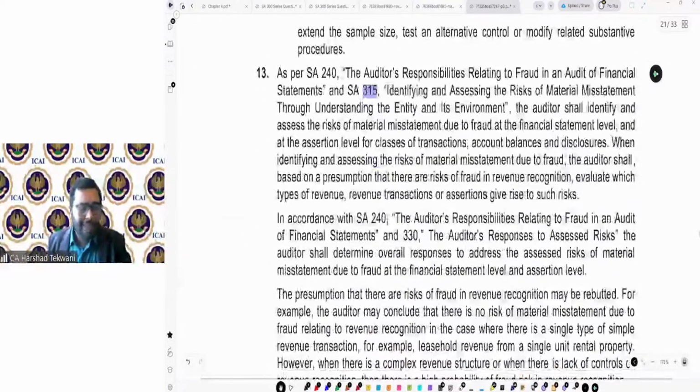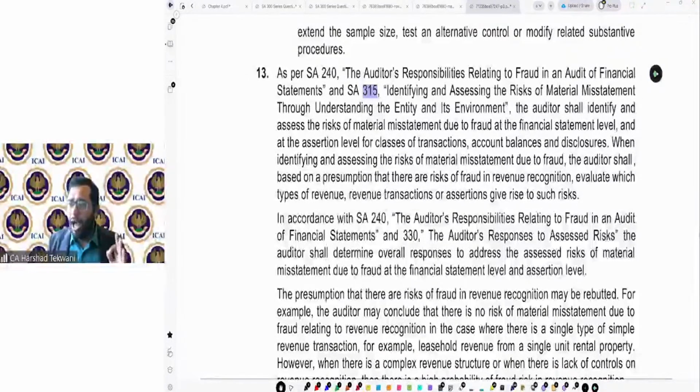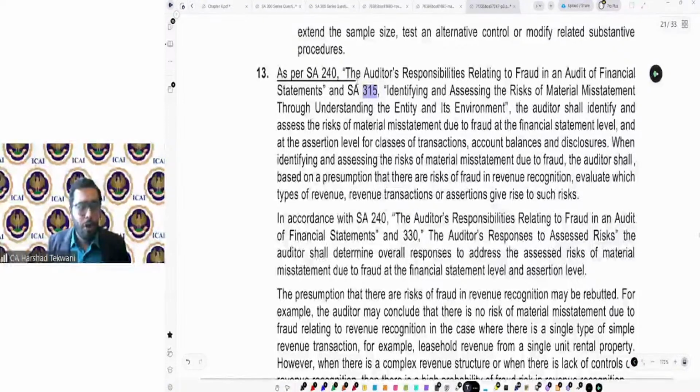As I said, whenever I start the answer, I will make sure I refer to or quote the required provision. So as per SA 240, because I'm talking about fraud, the auditor's responsibility relating to fraud in an audit of financial statements.